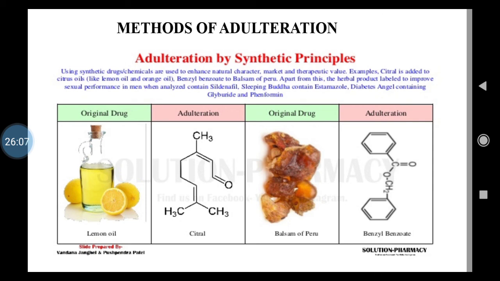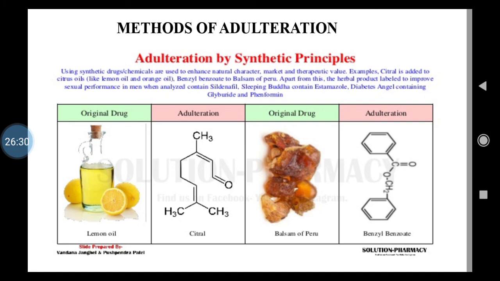The oil can be taken which is already exhausted, all active constituents removed, and then a synthetic principle like citral, which we know is present in lemon oil and orange oil, can be mixed into this oil.